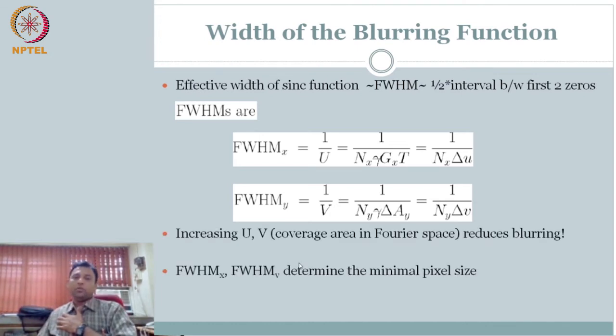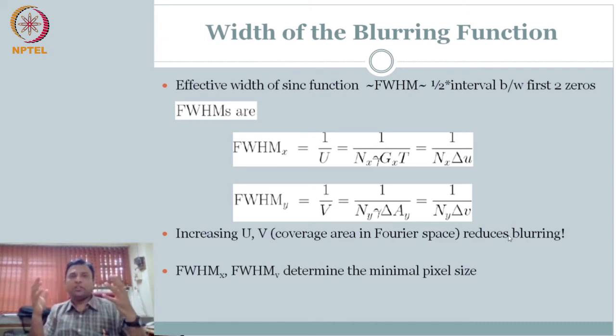So now increasing your u, meaning extent in your u direction, frequency space or coverage area in Fourier space, reduces blurring, which is pretty intuitive, right? High frequencies correspond to sharper transitions in spatial domain.